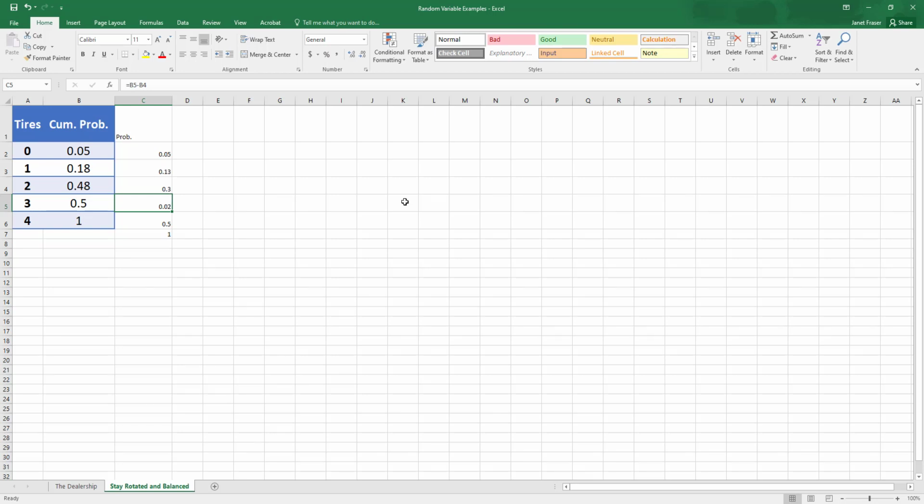And if we wanted to look at the probability of less than 2, we would know that it's 18, because in the cumulative probability, 1 tire is 18, but that also includes the probability of buying 0 tires. So the odds of buying fewer than 2 are 18.